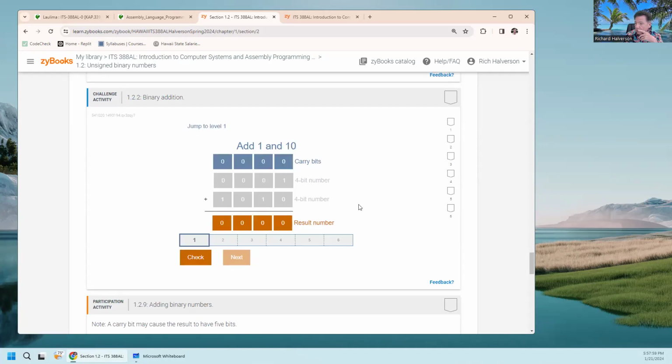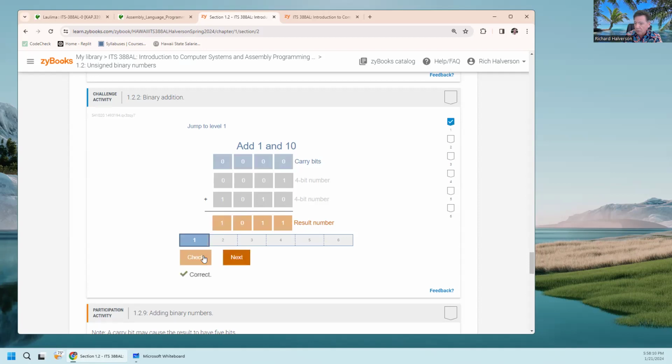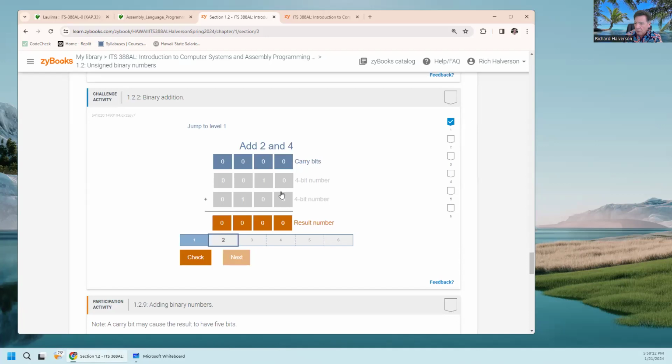All right. Am I supposed to add this? Okay. This is 1, and this is 1, and this is 0, and this is 1. This is 0 1 1 0. This is 0 1 1 0.